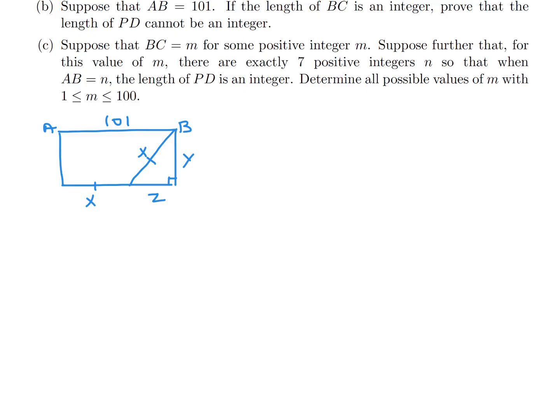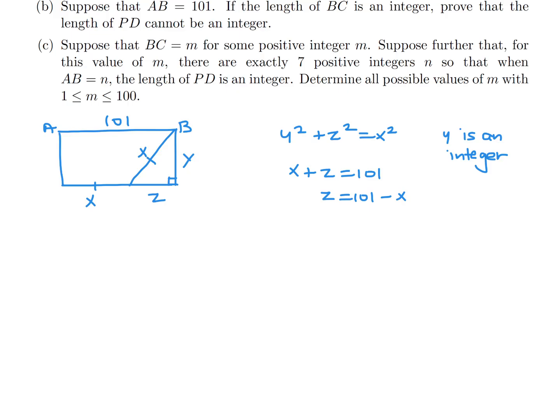Using Pythagoras on that triangle, it'll be y squared plus z squared is x squared. And they are saying that y is an integer. So we have x plus z is 101, correct? So that means z is equal to 101 minus x.